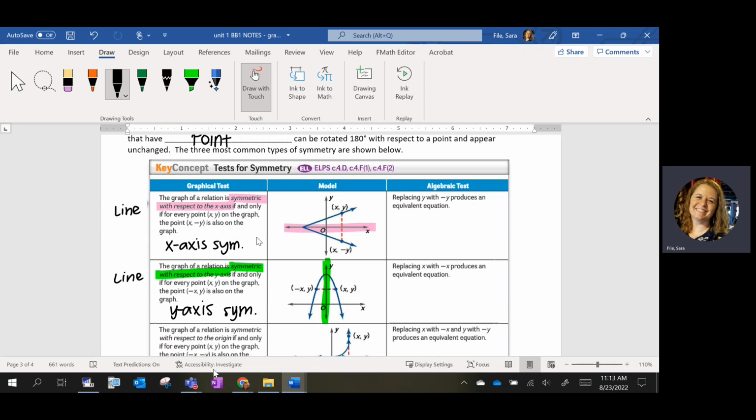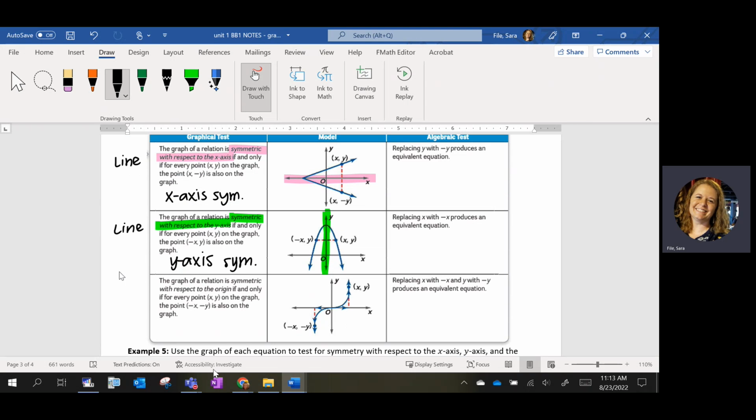The type of point symmetry that we're going to focus on uses the origin as the point that we rotate about. If I were to put my pencil or my finger right here on the origin and rotate this paper 180 degrees, so that would be turning it upside down, right, it would appear unchanged. It would look exactly the same, wouldn't it? Can everybody visualize that rotation?